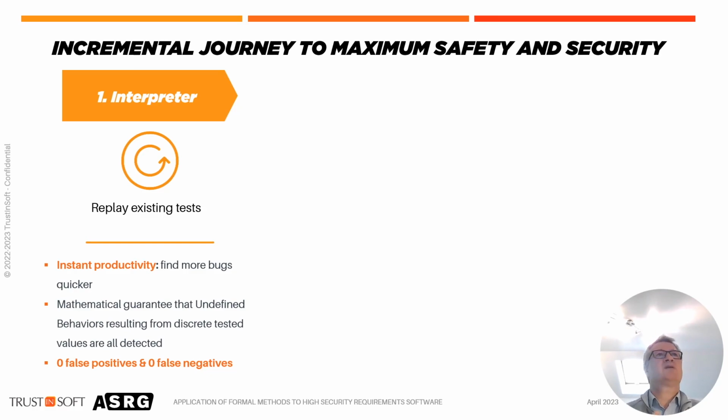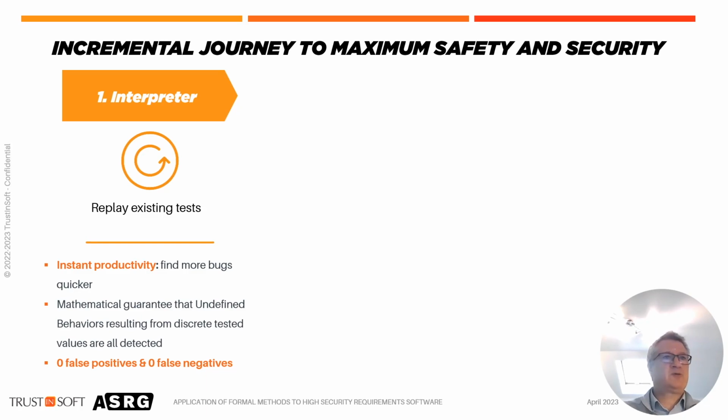So immediately by replaying your tests, you are likely to detect bugs and vulnerabilities that were missed by your traditional unit test framework. You get a mathematical guarantee, meaning that you are certain that all the problems that may remain in your code will be found, for all the inputs that are chosen in your unit tests.